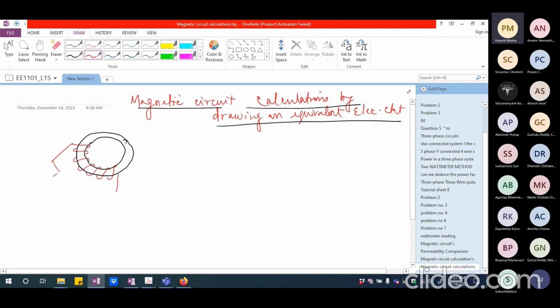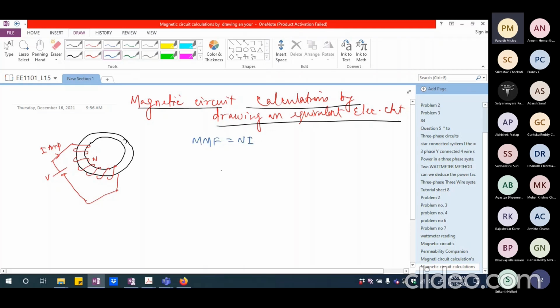Let us say I connect this to a voltage source V, with some resistance R. The current flowing is I ampere and I have n number of turns. So the MMF in this particular case is going to be n times I.